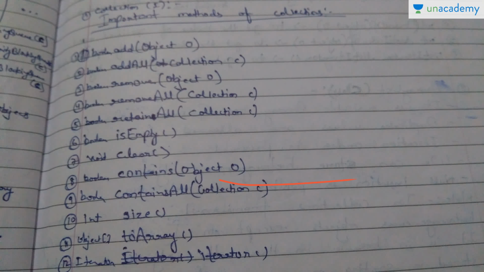The iterator provides us the facility of iterating the elements in the forward direction only. It is used for movement between the collection's objects. There are three methods in the Iterator interface: boolean hasNext, Object next, and void remove. We'll go through it in another section of this class.